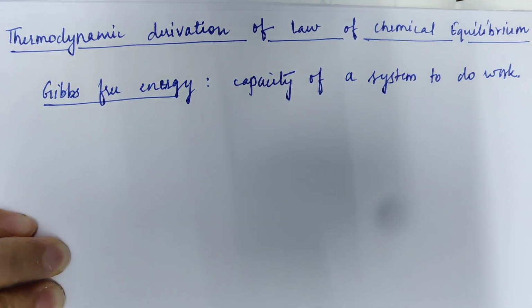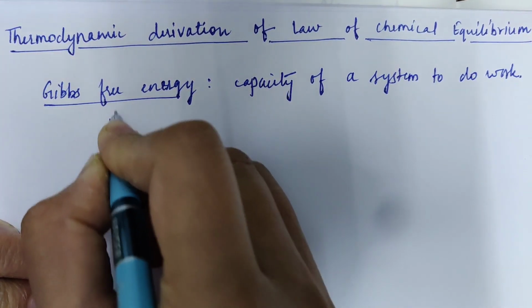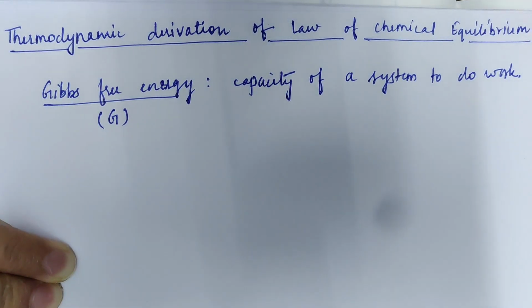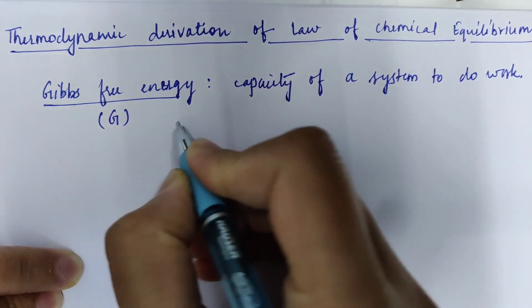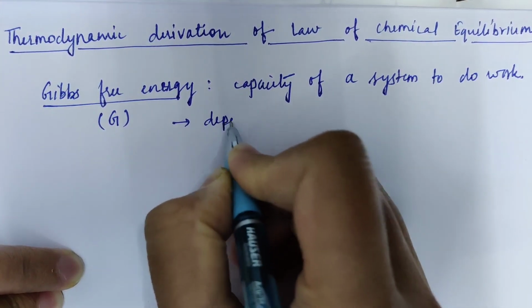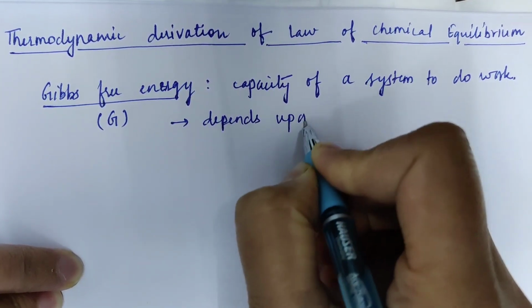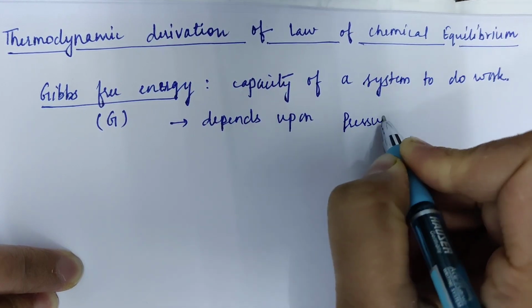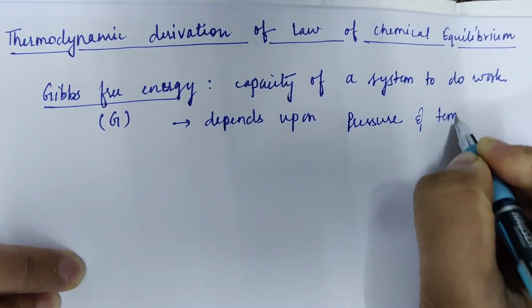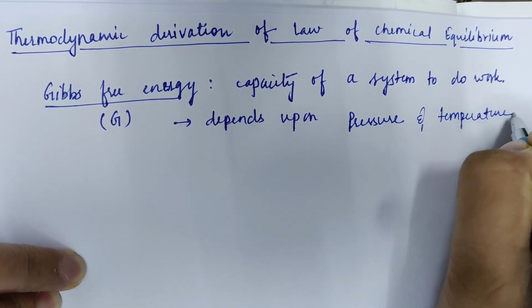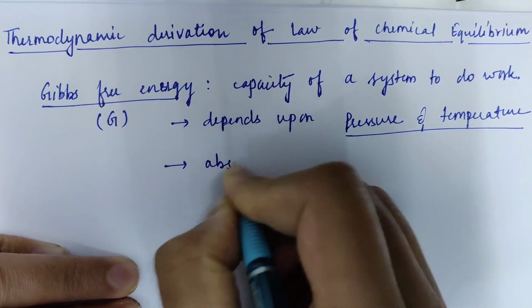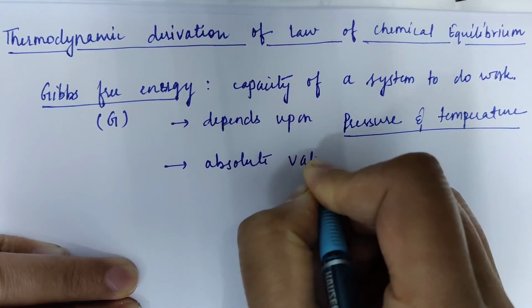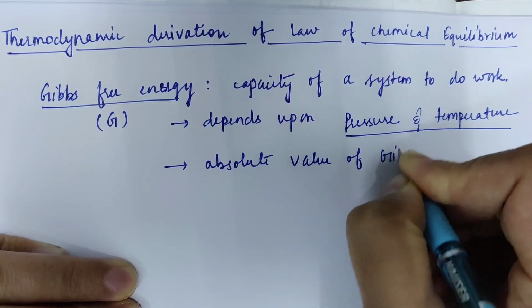Now the notation for Gibbs free energy is G. There is one thing with the Gibbs free energy: it depends upon pressure and temperature. And we cannot measure the absolute value of Gibbs free energy.